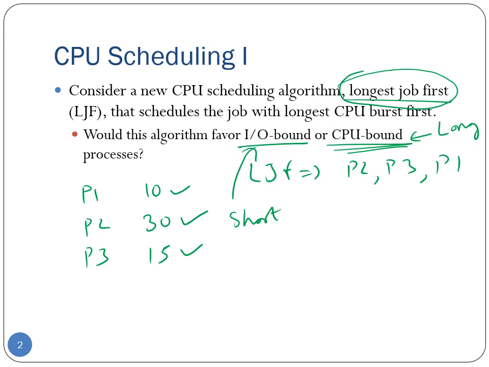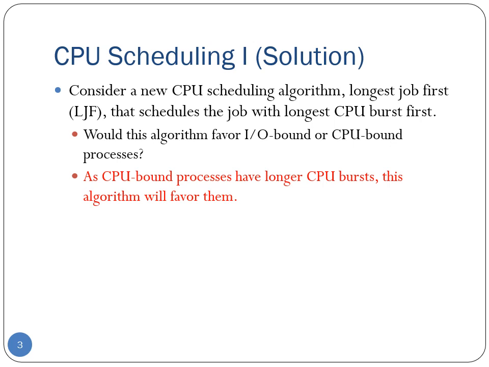In other words, this algorithm is giving preference to processes that have longer CPU bursts, and that is why this will favor CPU bound processes. The answer to this question is summarized over here.